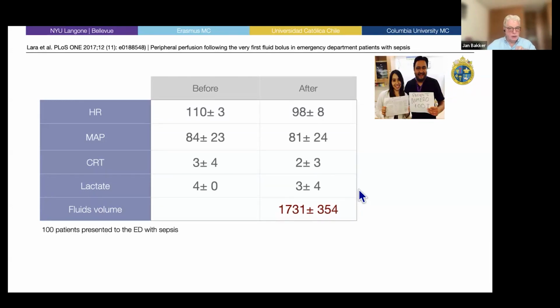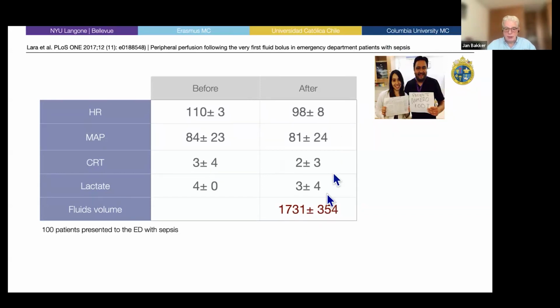Of course, we are still in the treatment phase. So the patient comes in. In this case, we did a study at Santiago, patients with sepsis in the emergency room, and they had abnormal capillary refill time, and then we gave fluids because they at that time still did surviving sepsis campaign.